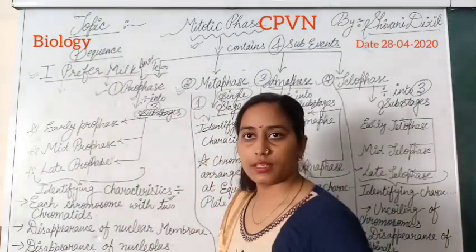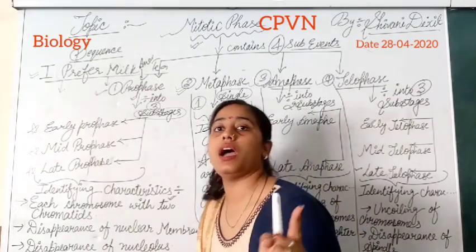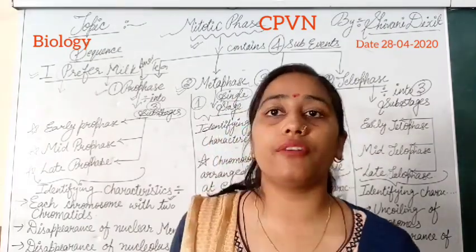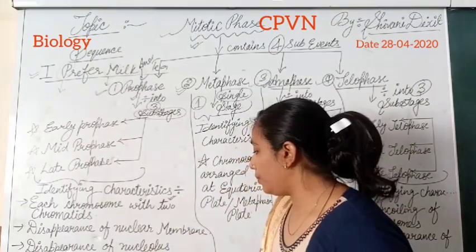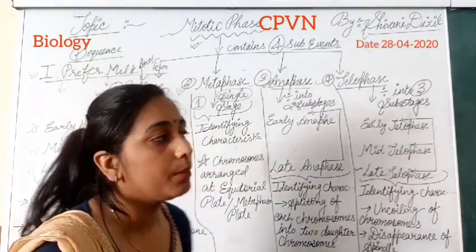Spindles are proteinaceous fibers. They are also formed by protein synthesis with the help of ribosomes. I hope I am clear. These are the 4 identifying characteristics of the prophase.